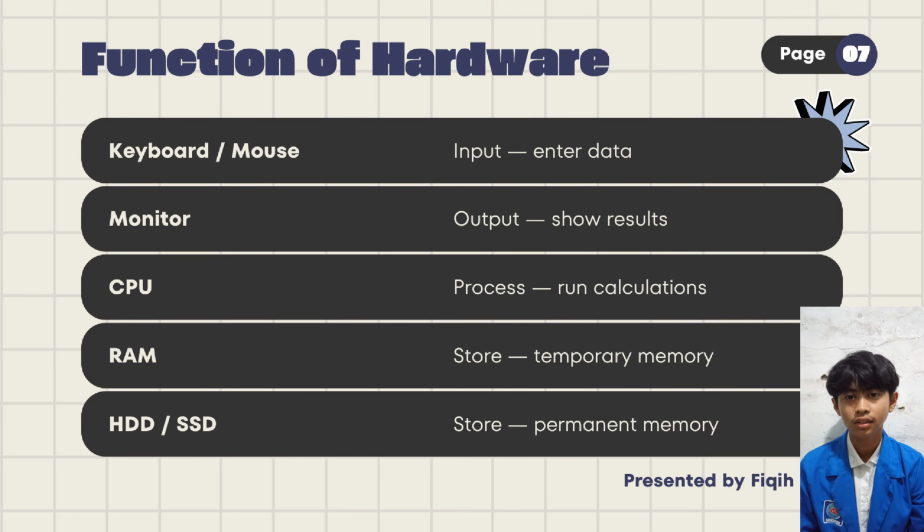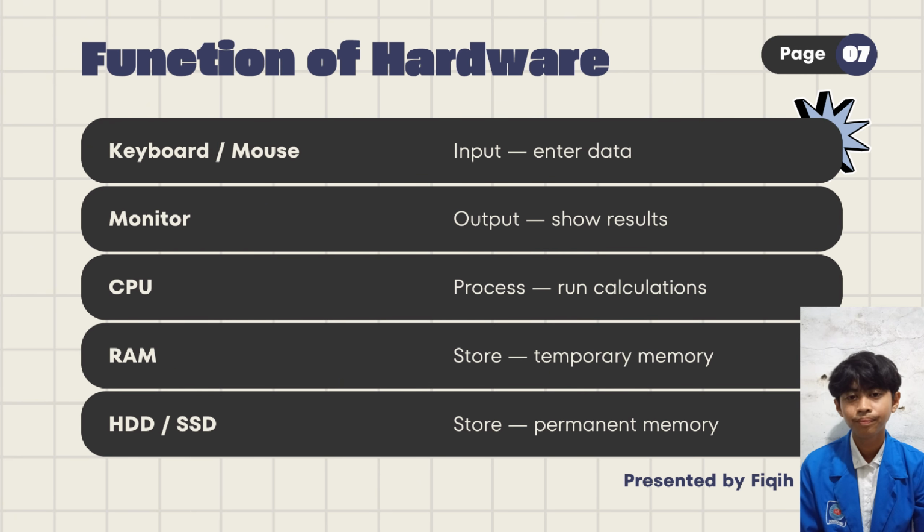The CPU is basically the brain. It handles all the processing and calculation. The RAM is short-term memory. It holds data while the computer is actively running. And the HDD or SSD is long-term storage. It keeps files and data even after the computer is shut down.